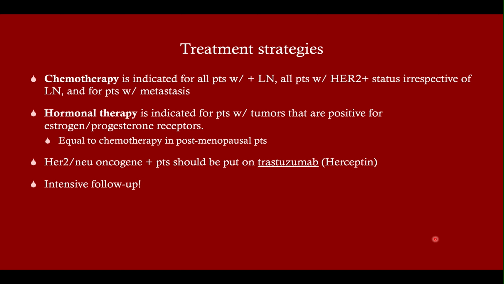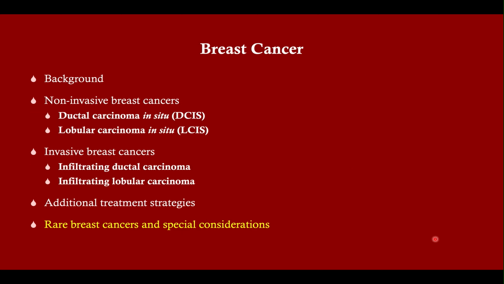HER2 positive cancers used to come with just a really dismal prognosis, and now it's almost gotten to the point where HER2 positive cancers have a similar prognosis to the HER2 negative cancers. However, HER2 positive cancers do still tend to be more aggressive and can spread faster. Intensive follow-up is very, very important for any patient with breast cancer or who has had breast cancer.